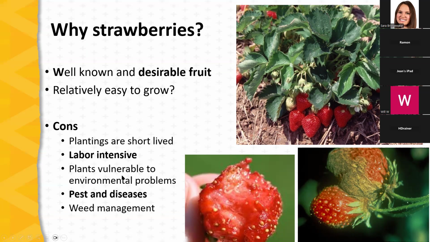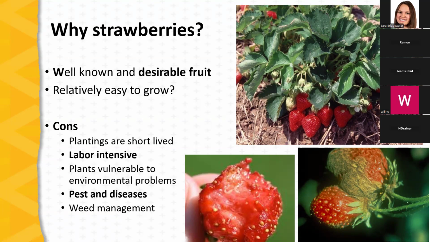The cons of the strawberries, and probably a few of them with the brambles too. In the case of strawberries, it's a short-lived plant. In certain types of crops, it can be longer lived if you manage it that way. We're going to go into more detail about that, but in relative terms, each plant is short-lived.